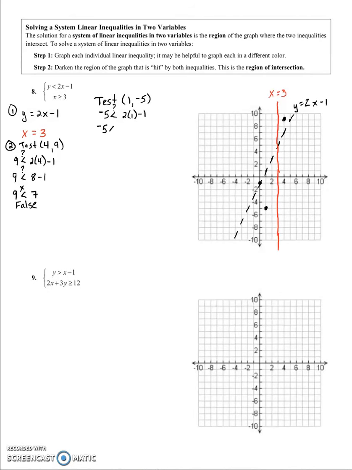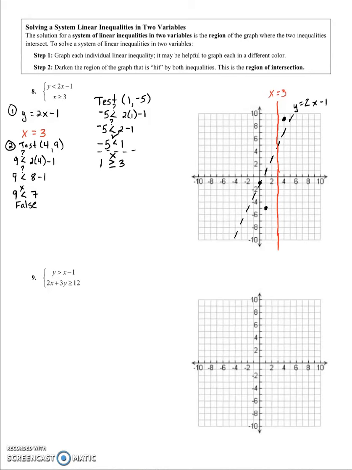So is negative 5 less than 2 minus 1? Negative 5 is less than 1, but we're not done. It's true in the first inequality, but we need to make sure it's also true in the second inequality. So the second inequality says x is greater than or equal to 3. So let's check the other one here. The other one would say 1 is greater than or equal to 3.